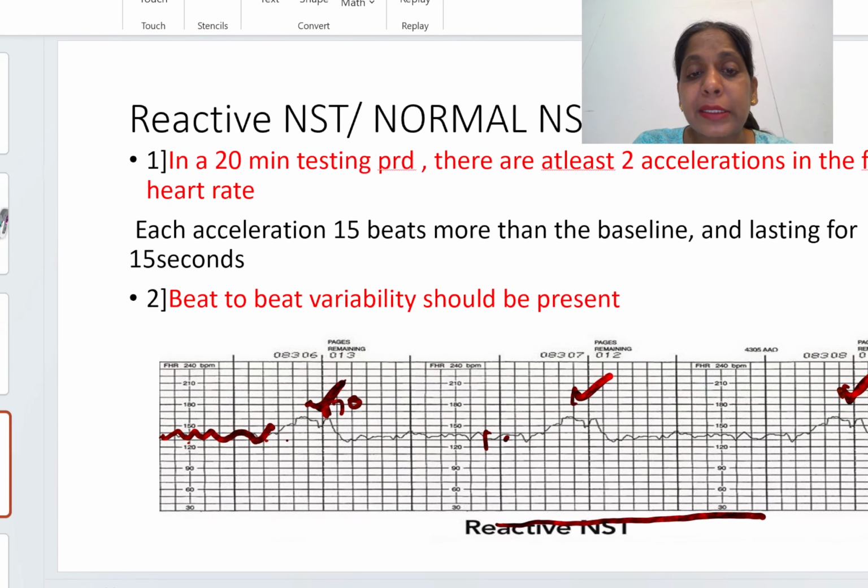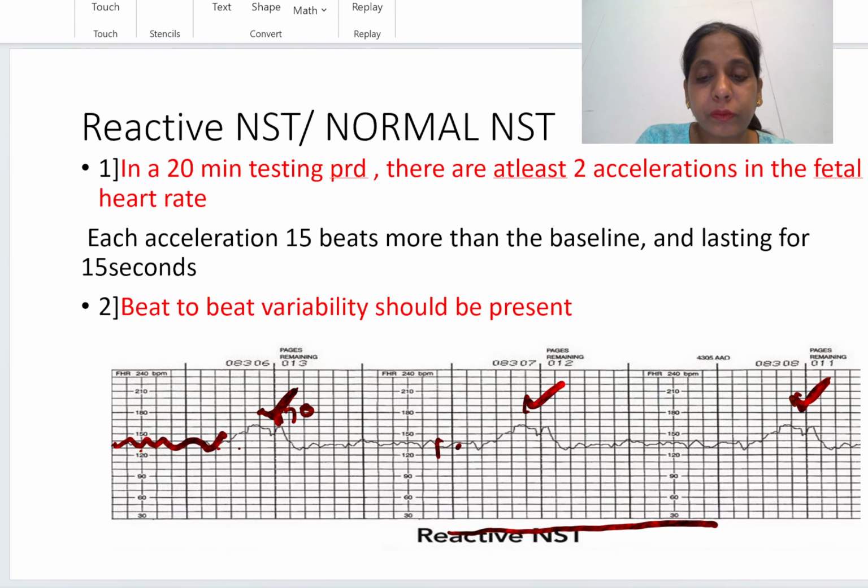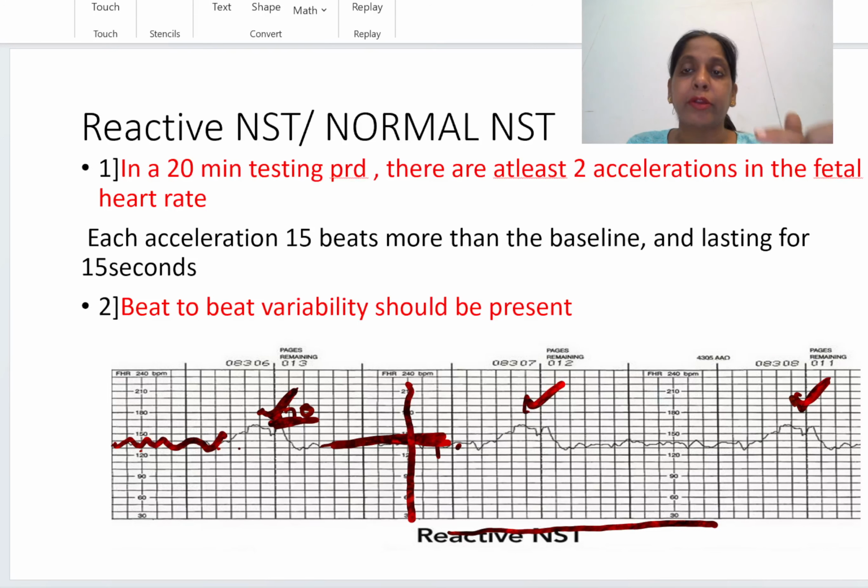So to call it a rise, or an acceleration, it should be 15 beats above the baseline. So this is the baseline, and this rise should be 15 beats above. On this axis there is the fetal heart rate, it is written on the paper and on the monitor, fetal heart rate on the y-axis and the x-axis is the time.